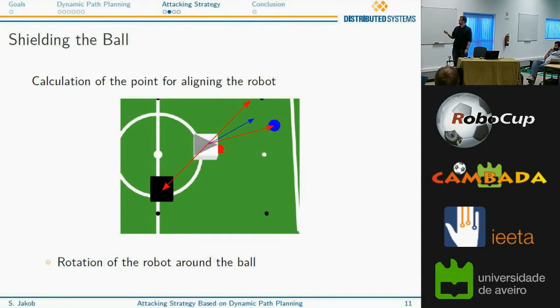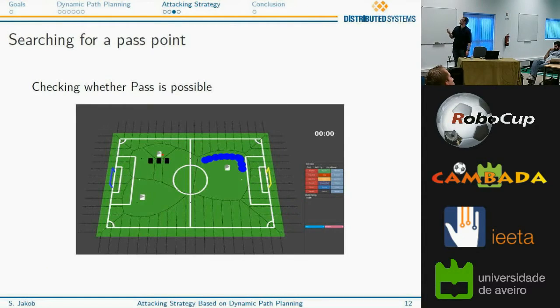During this movement, we have to always ensure that we rotate the robot around the ball, so that we can't lose the ball, because if we would turn the ball around the robot, we could easily lose it. So the next behavior is checking if a path is possible.